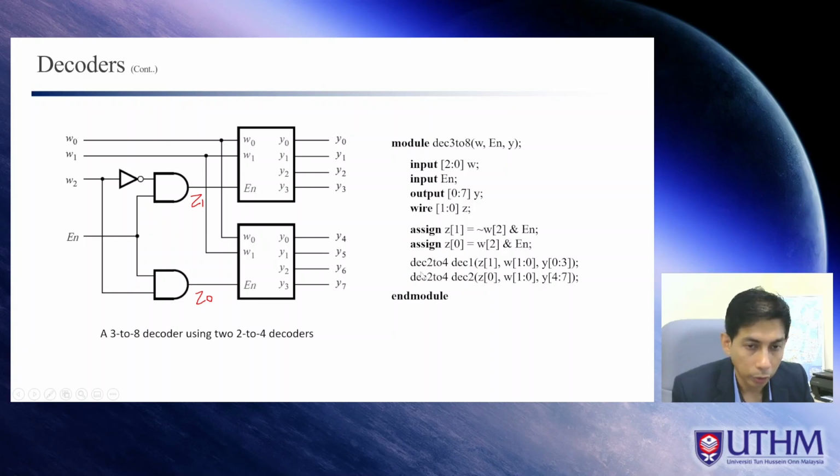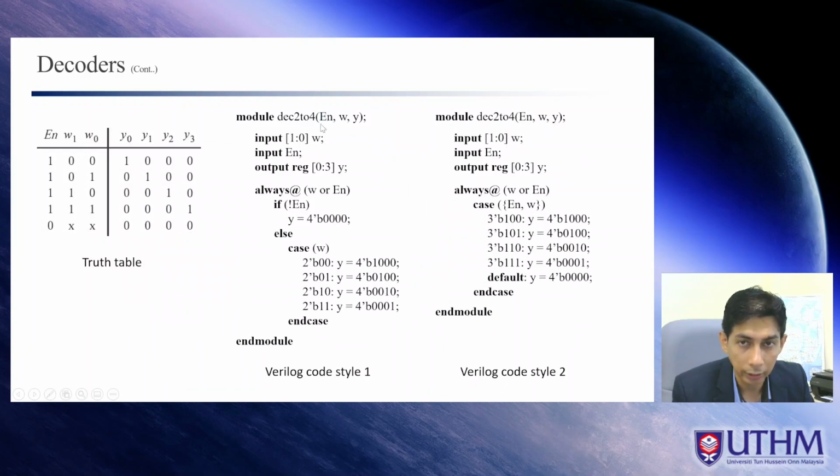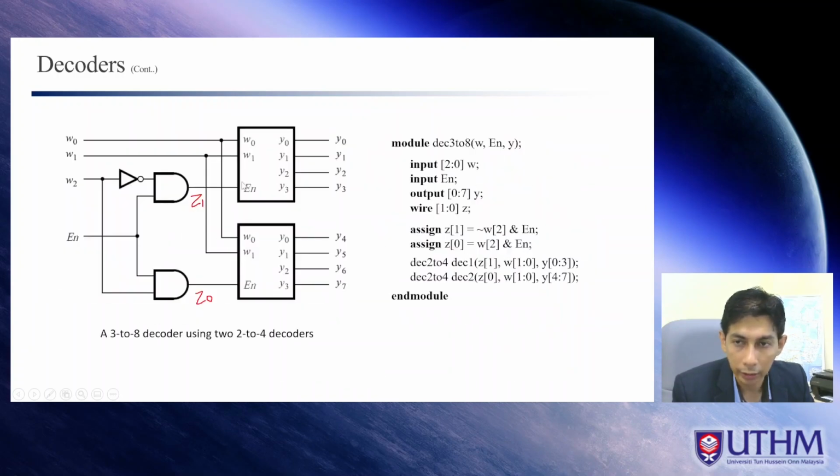2 to 4 module here. So this is the 2 to 4 module. You instantiate it, and call it again. Let's name this DEC1. This is DEC2. So we have Z1. Why do we have Z1 here? Again, we need to go back here, because in the DEC2to4 module, the first port in the list is EN. All right. So that is why we need to look at this EN.